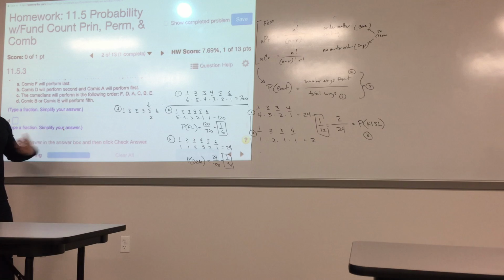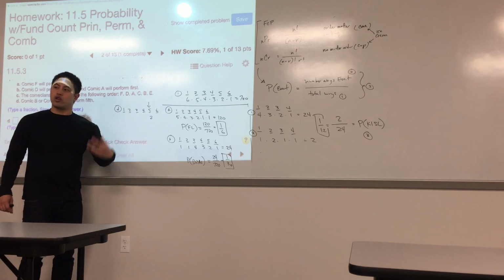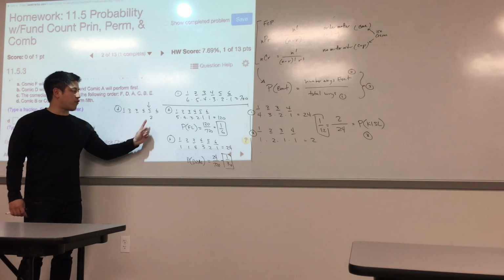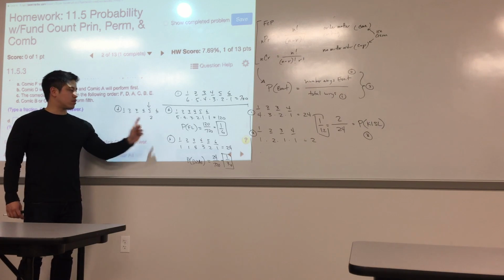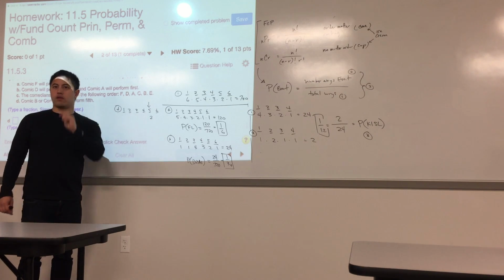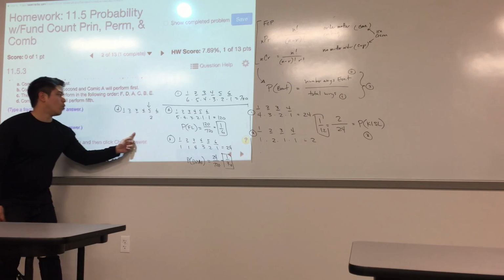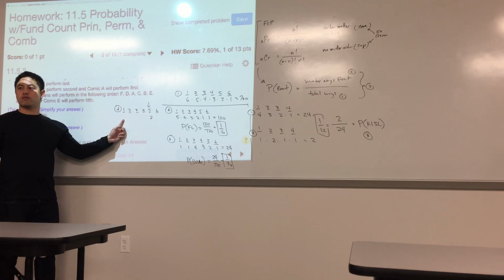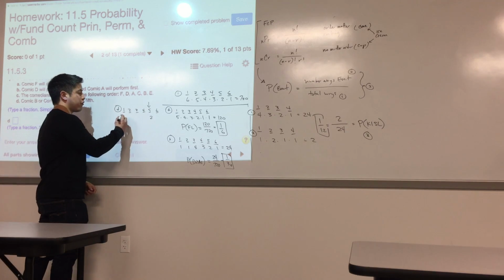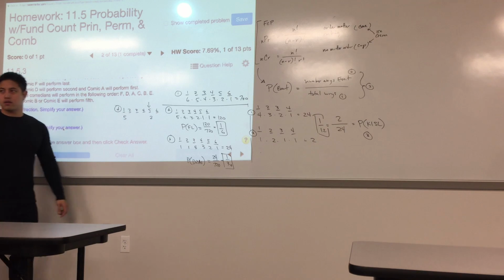No, they're not. Even though there are 2 options for position 5, only one of them is going to get picked. If only one of them gets picked, what number do we start with? 5. A lot of people would put a 4 here, and that would not be correct.